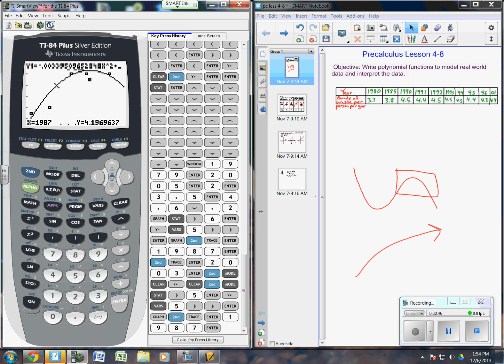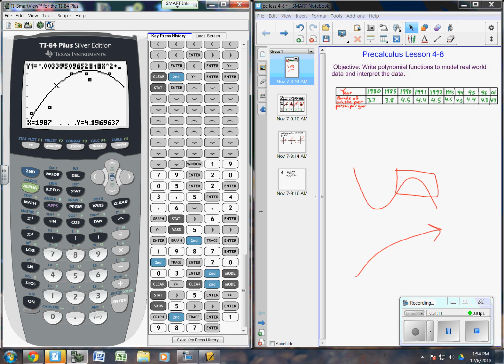So 4.19 is not much different than 4.15, right? We're like 4/100ths off, or maybe 5/100ths. Yeah, 4.2 if we rounded. So we're about 5/100ths off what we were last time. Okay, so that's not too far off.